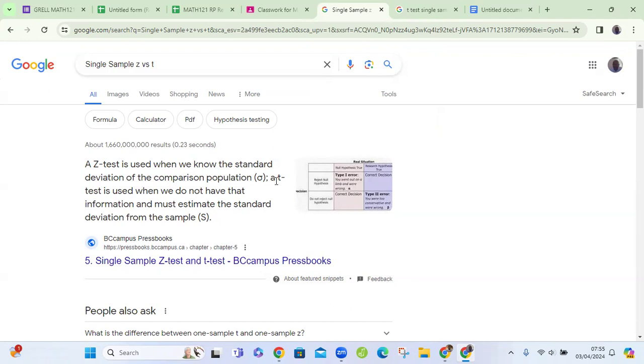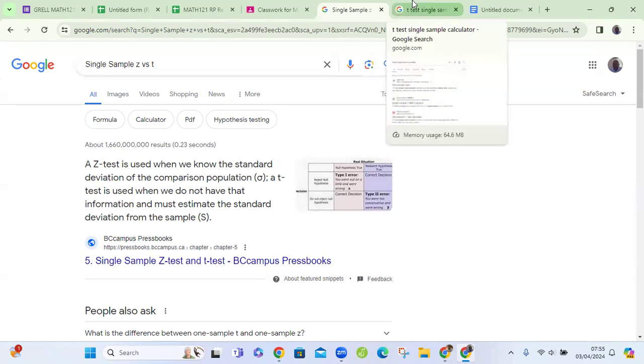If you do not know sigma, then you have to use a t-test. Now, we do not know sigma, we do not know the population mean for the positive feelings of the students. That's a brand new variable they are being measured on. So therefore, we have to use a t-test. So please use t-test instead of z-test.